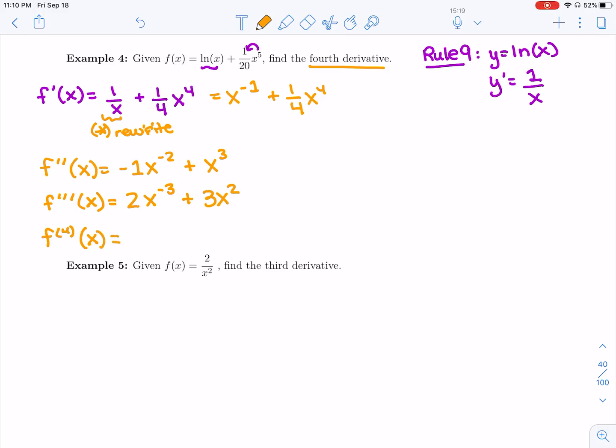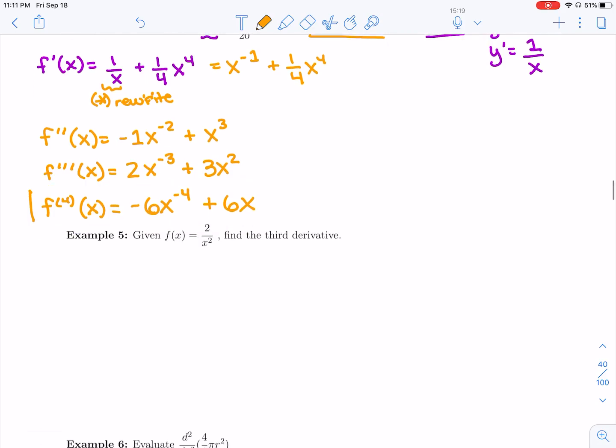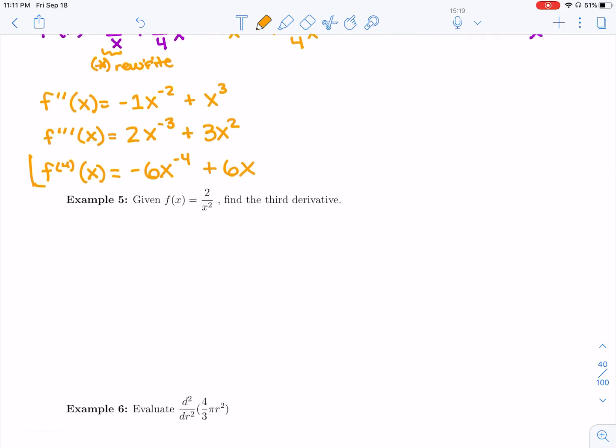Bring down the power. 2 times negative 3 is negative 6, x to the negative 4. And then 3 times 2 is going to give me 6x for that last part of the derivative. And there's our final answer for that one.